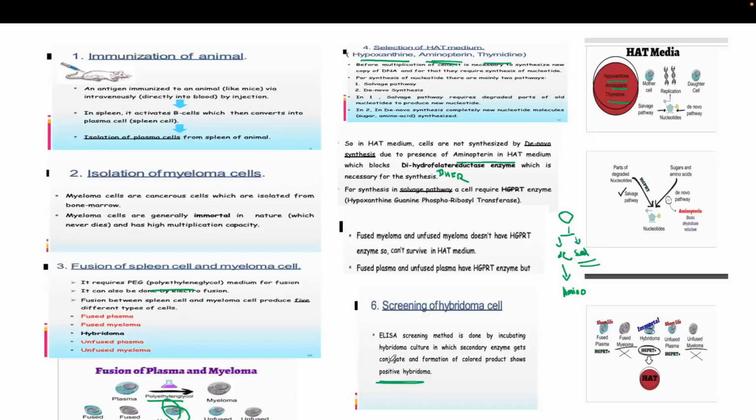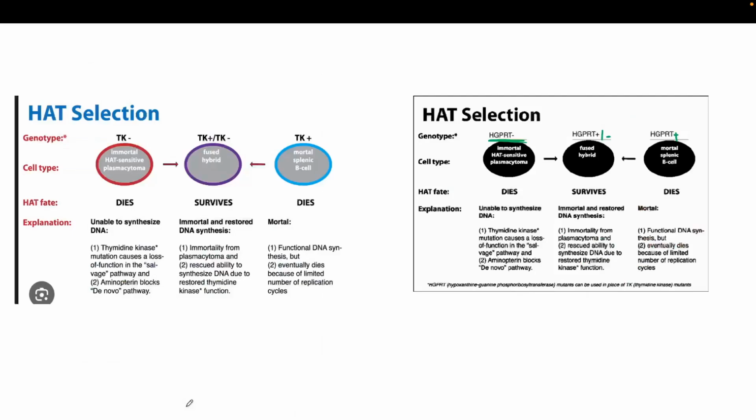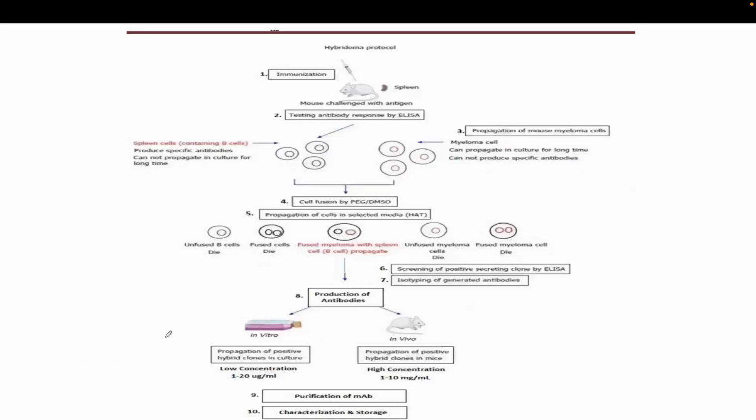Suppose these two cells are fused but it is not producing your desired antibody, so that selection we also have to do. For that we perform ELISA, and if it is giving a signal, that means it is producing our desired antibody. So this is the complete procedure of the hybridoma technology.